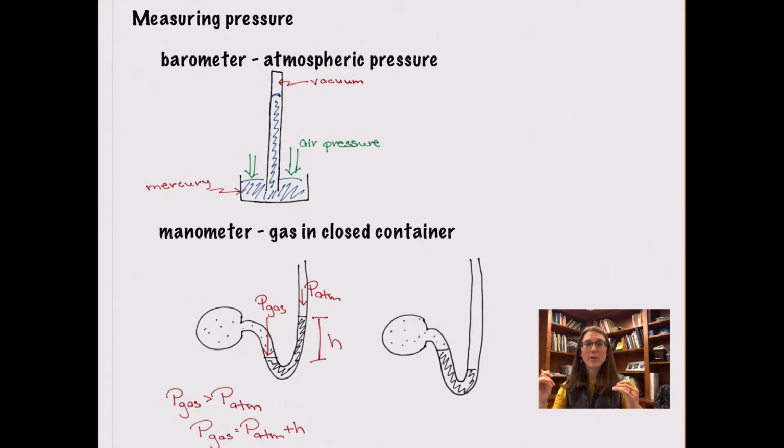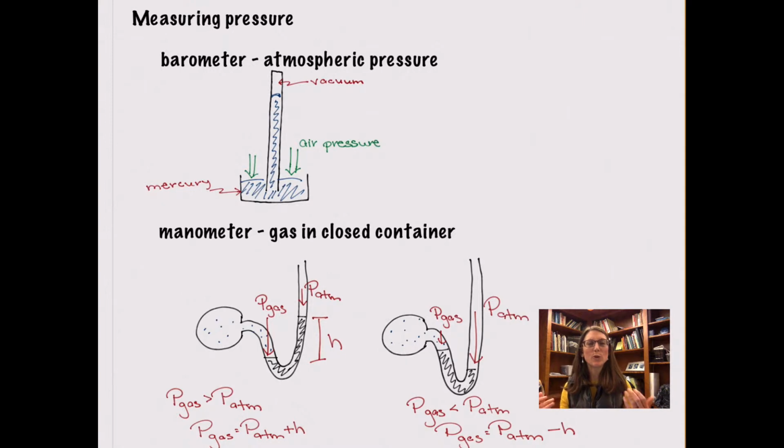If, on the other hand, the pressure of the gas in the container is less than atmospheric pressure, you will see that the atmospheric pressure pushes down farther, and that makes the mercury rise toward the gas. Then in order to find the pressure of the gas inside that container, you'll take your atmospheric pressure and subtract that difference in height.